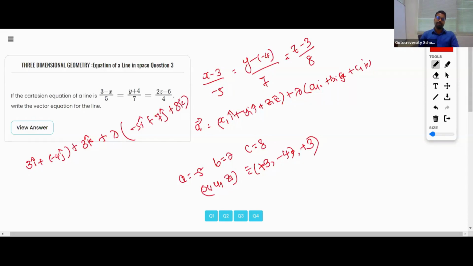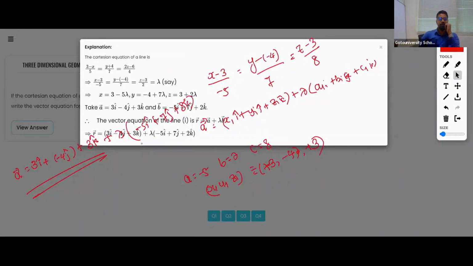So this will be the vector equation of the given line. So let's see, do we have the same answer? Yeah, 3i minus 4j plus 3k plus lambda times minus 5i plus 7j and 8k. Yes, what we have got is right.